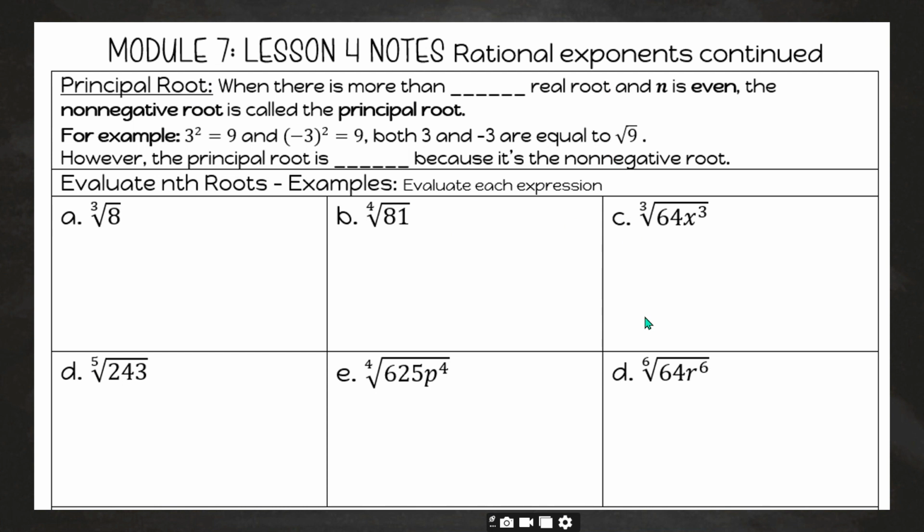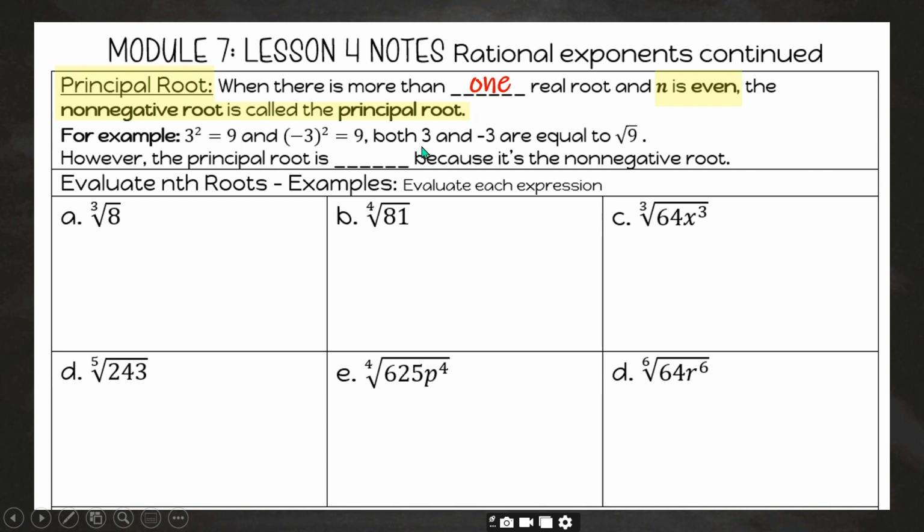So when there is more than one real root and n, meaning the root is even, the non-negative root is called the principal root. So if I have 3 squared, that is equal to 9, correct? Well, if I have negative 3 squared, that is also equal to 9.